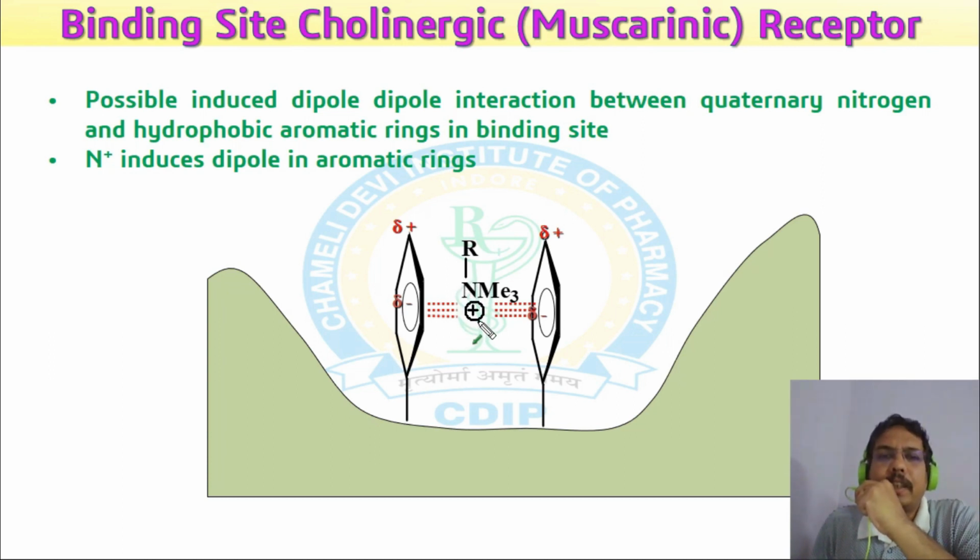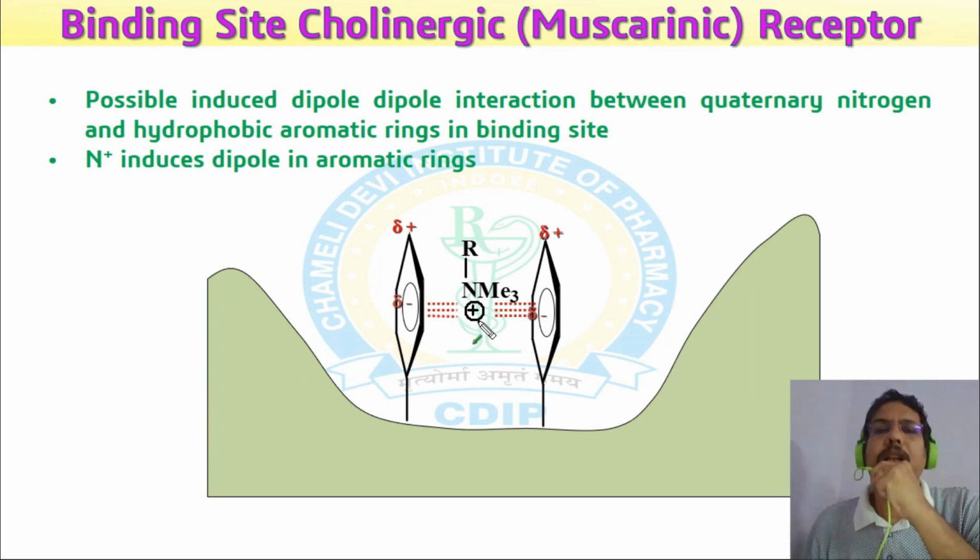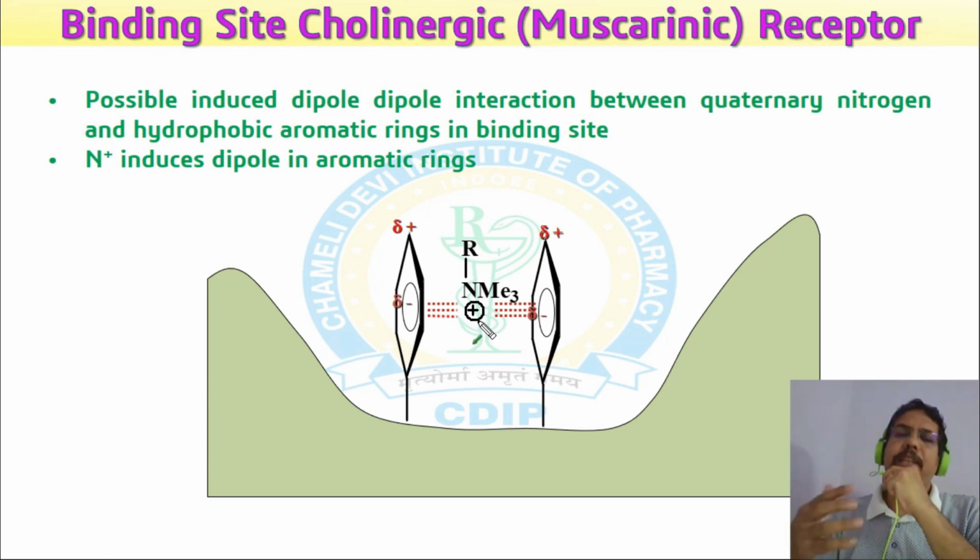So this is called induced dipole in the aromatic ring. These are the possible reactions which take place between the ligand and the macromolecules.